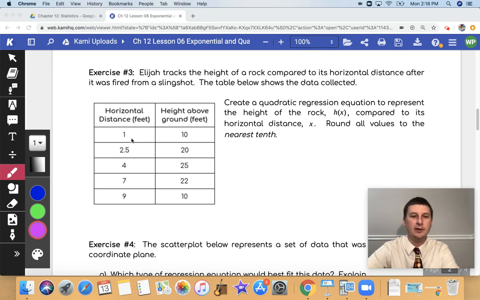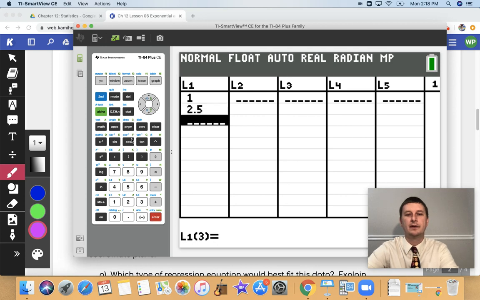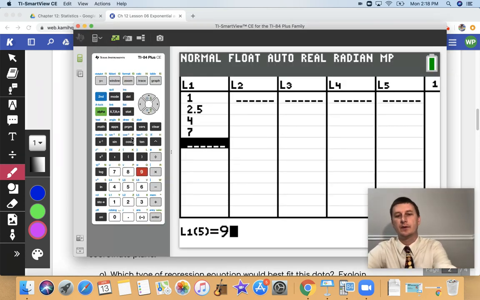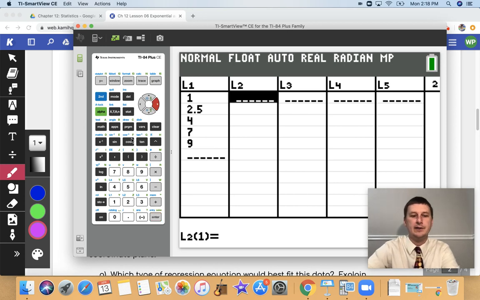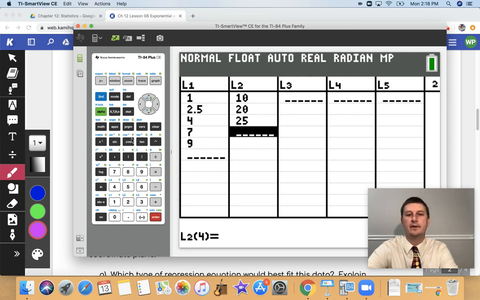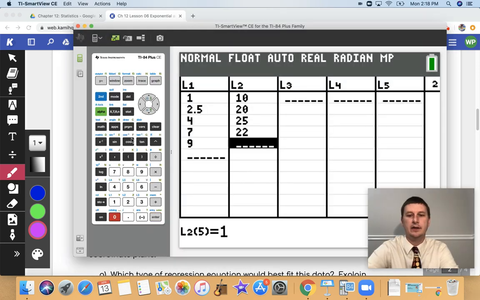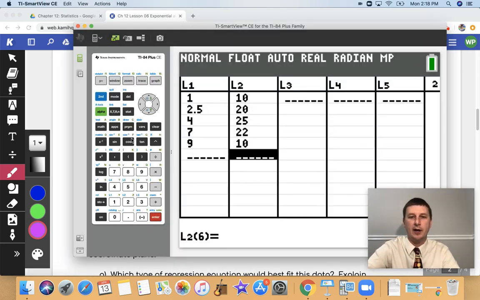In our L1, we're going to put 1, 2.5, 4, 7, and 9. And then over in list 2, we're going to put 10, 20, 25, 22, and 10. And if you need a second or a minute to catch up right here, pause the video before I go on.